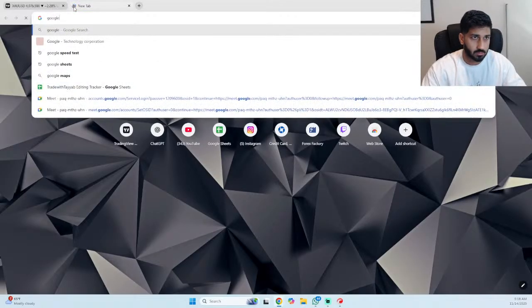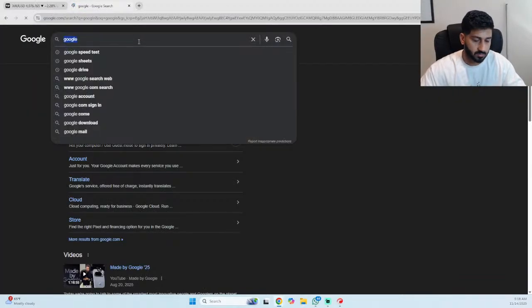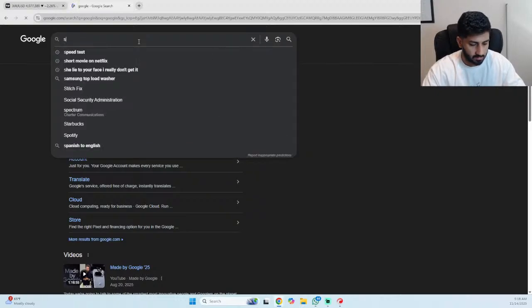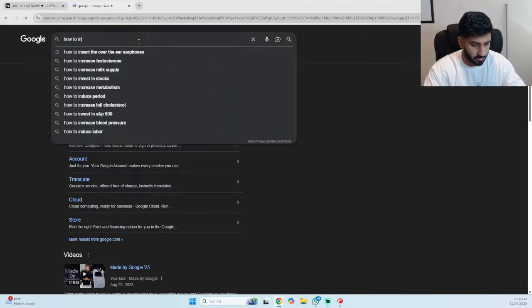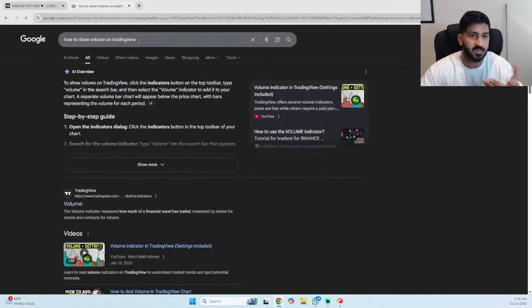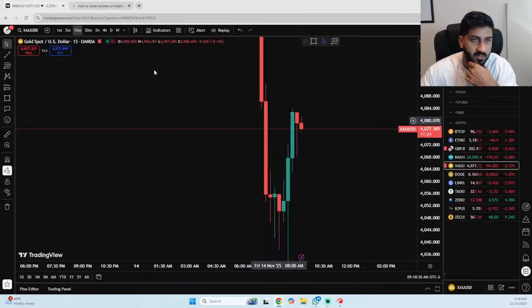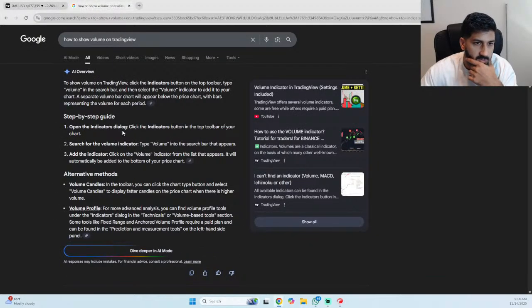Let's actually, this is Google. On TradingView, let's take the most optimal approach, because I saw some indicators showing volume. Open indicator dialog, click the indicators button in the top bar, select volume indicator, type volume into the search bar, add indicator.